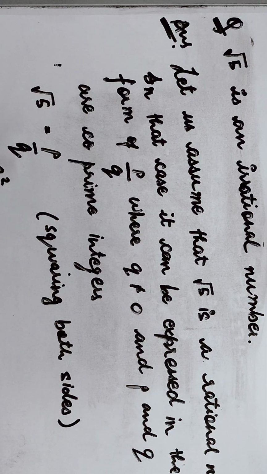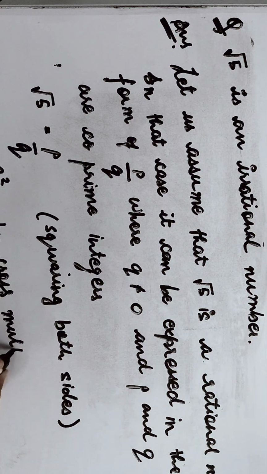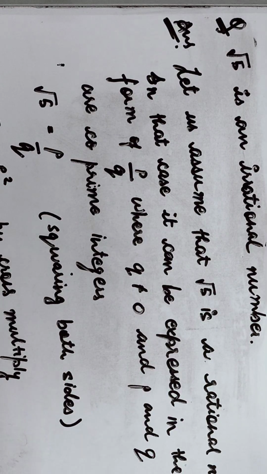By cross multiplying, p square equals 5q square.